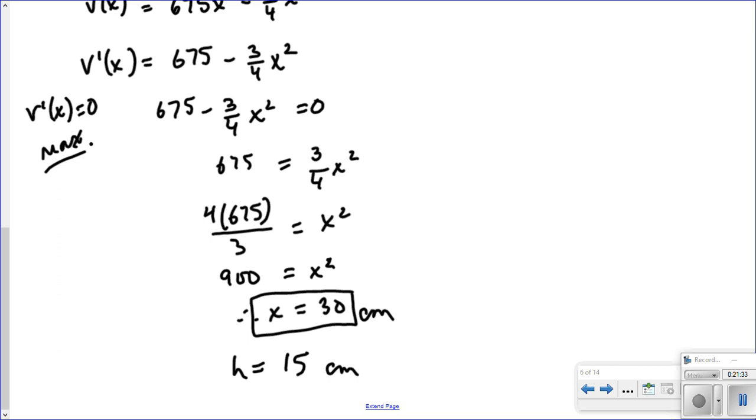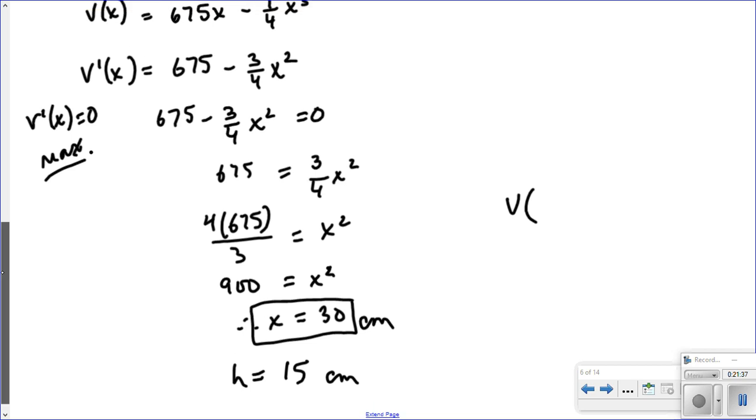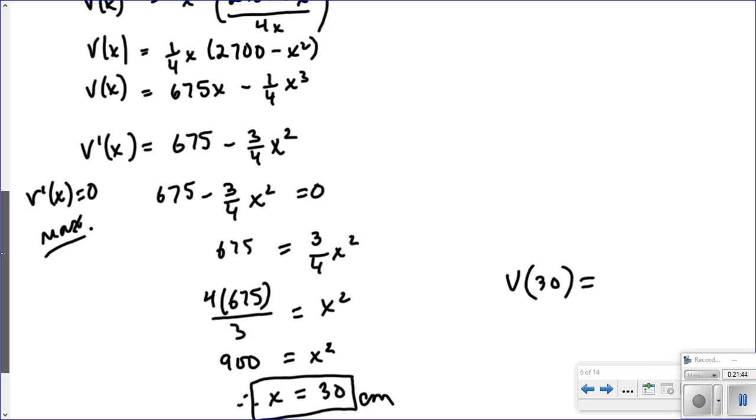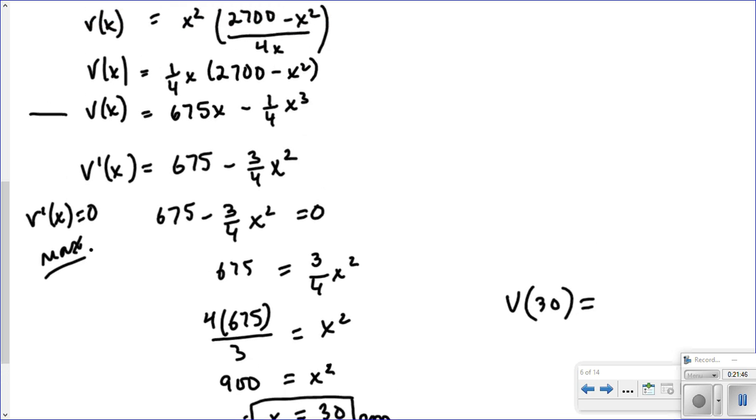Okay, so our actual maximum volume, I'm just going to do a volume check. At 30, what would this volume be? So the volume at 30, I can use this equation right here.